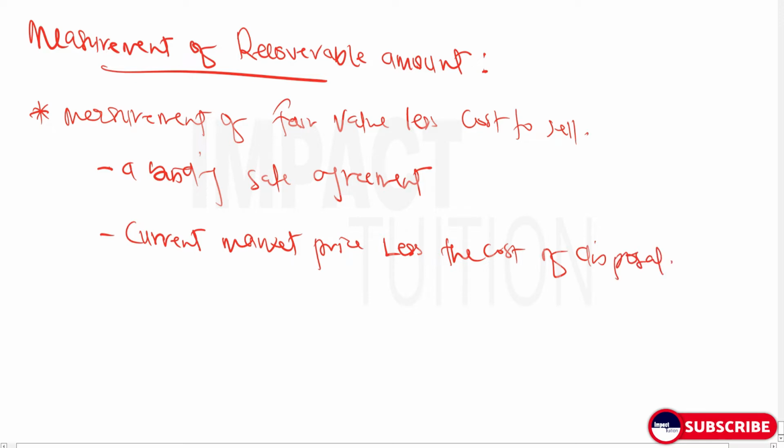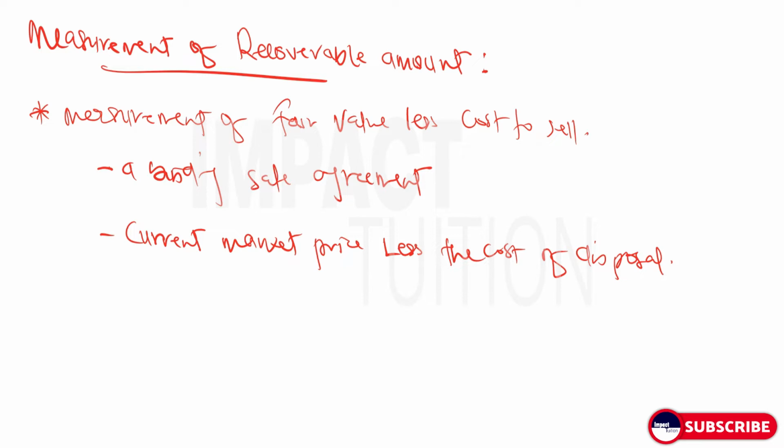From a binding sale agreement, we can actually determine the cost at which the asset will be sold. If there is no sale agreement, we can look at the current price of similar assets in the same condition and the cost of disposal.